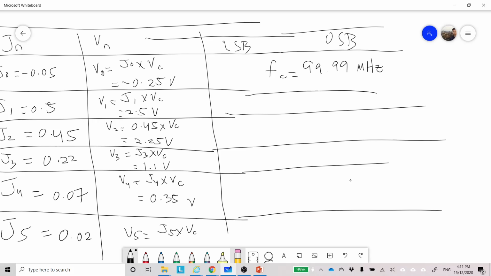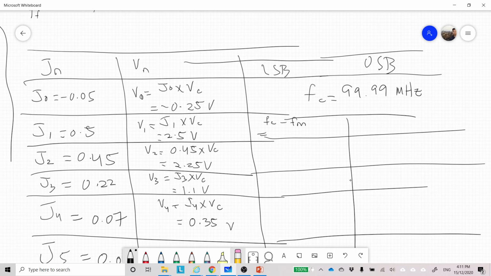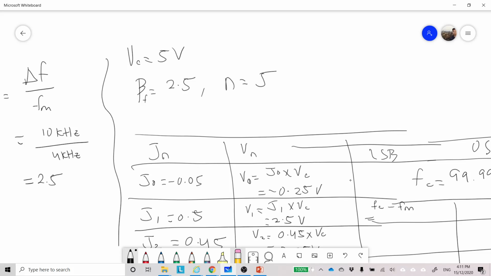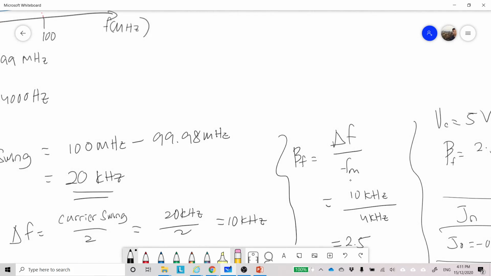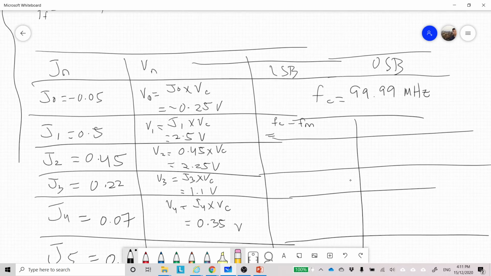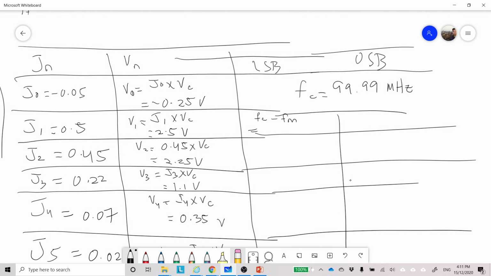Okay, so here is the LSB, FC minus FM, equal to, so FM is 4K, 4K.